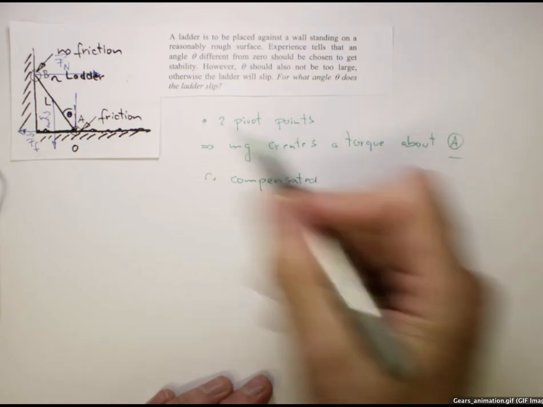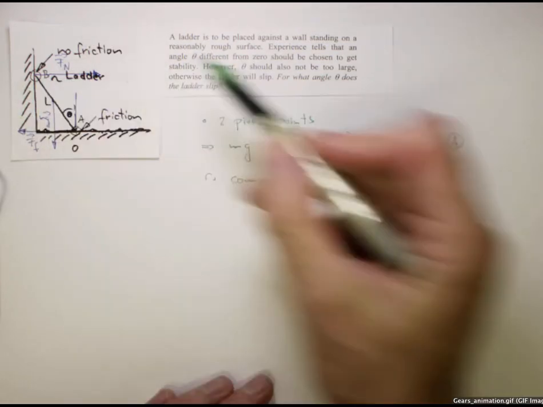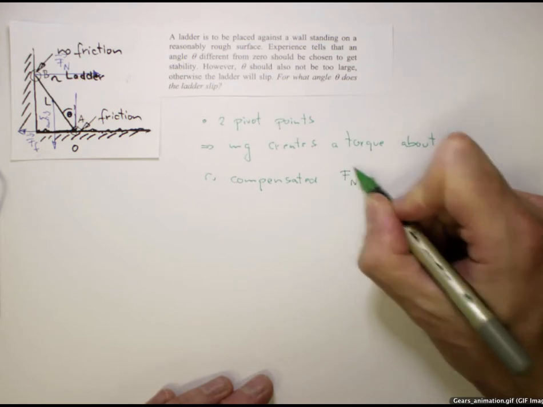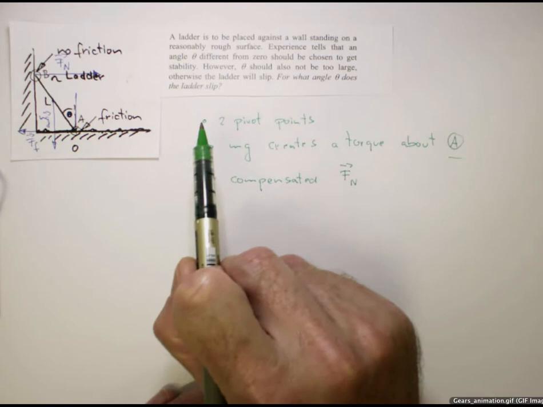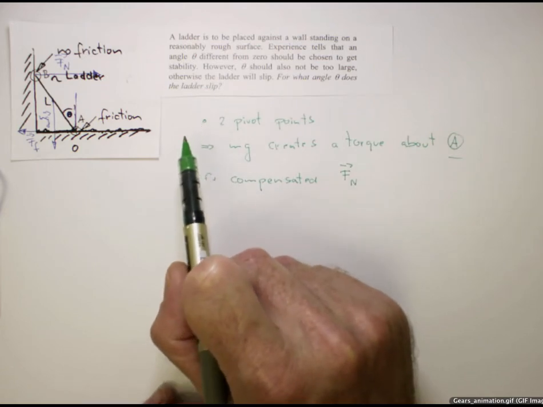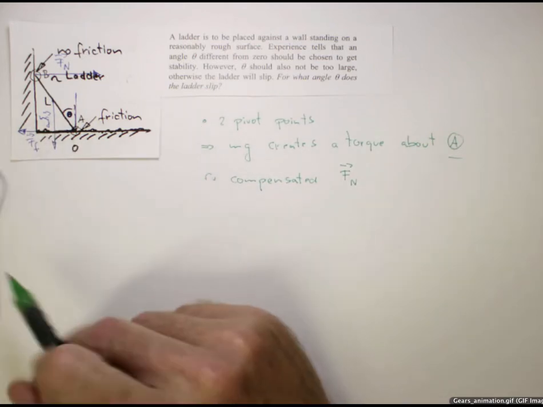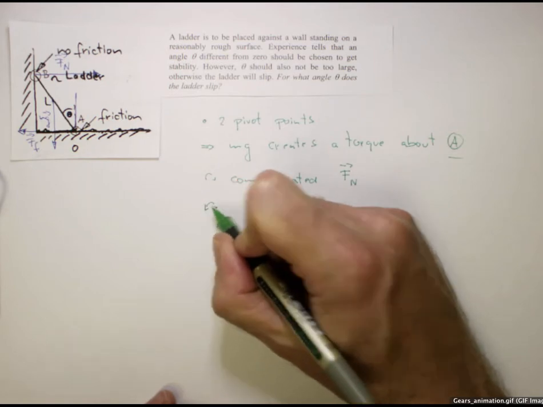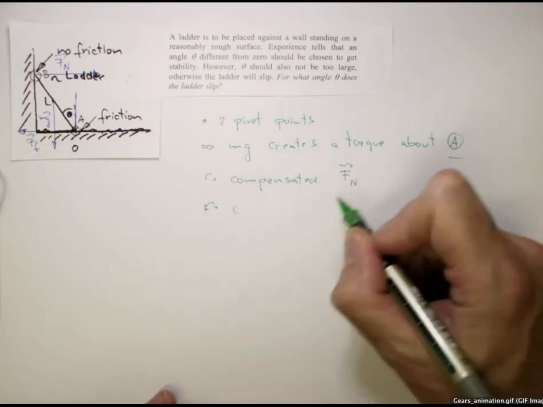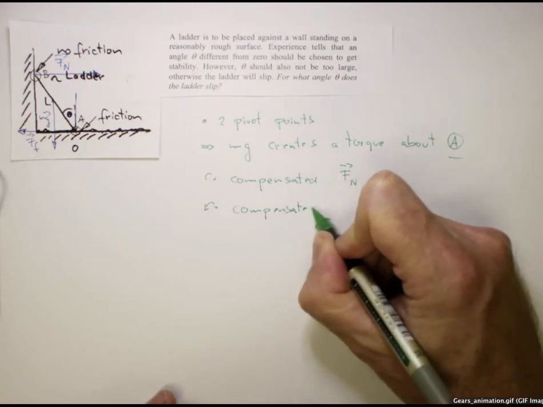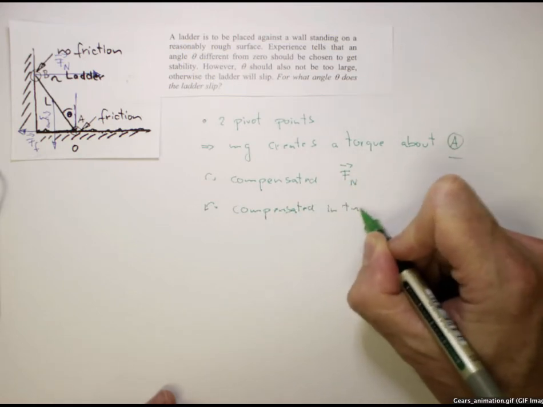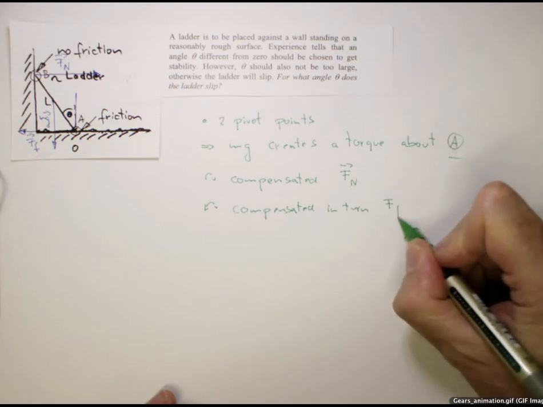This effect, the effect of the torque against the wall, is compensated by the normal force Fn, which drives the whole system to the right. So we need some other force that keeps it on the left, if you like, and that force is the friction force. So we can say Fn is compensated in turn by the friction force Ff.